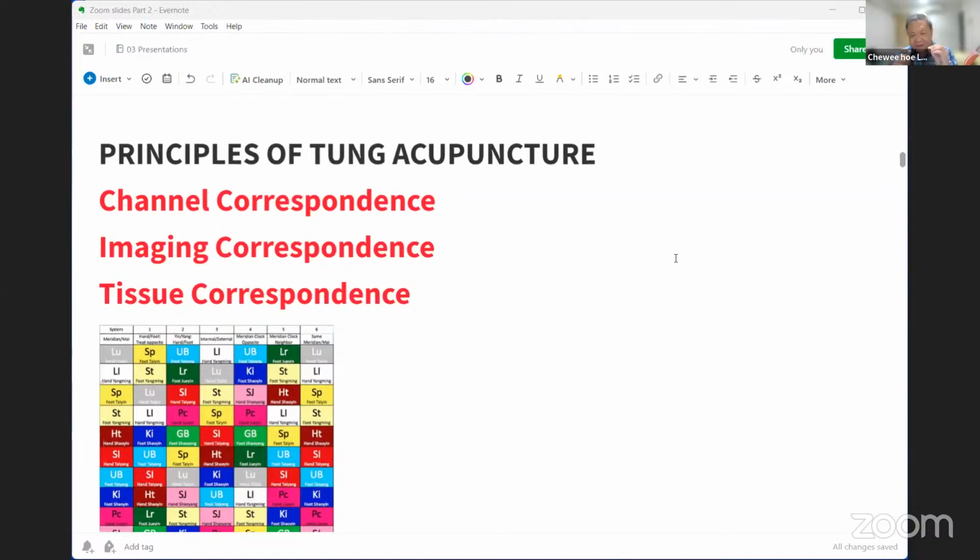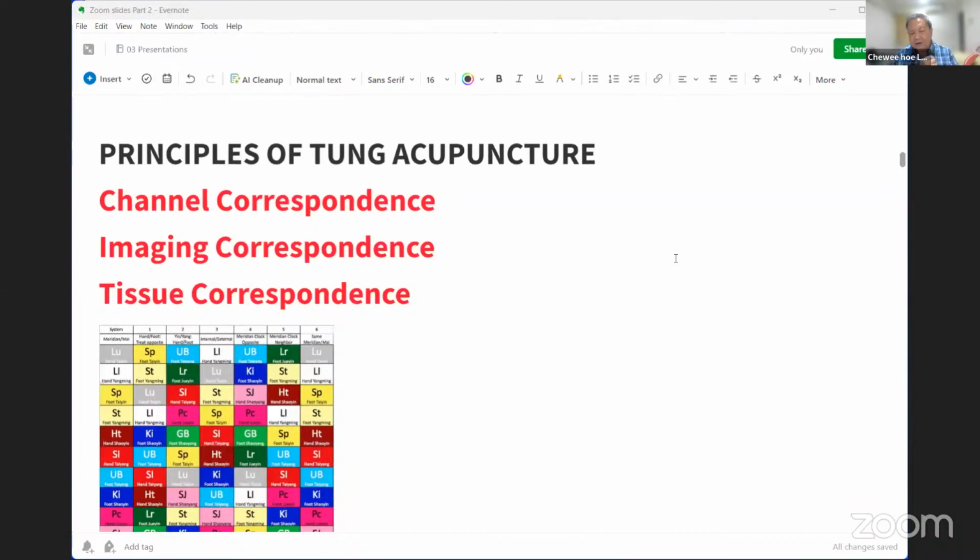The spleen channel, stomach channel, lung channel, liver channel. In the Tung system, they have a relationship. These channels relate. For example, if you have an injury in the lung channel, you can use spleen to treat. All right, you can use large intestine to treat.